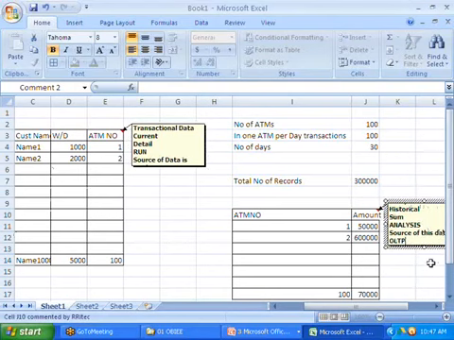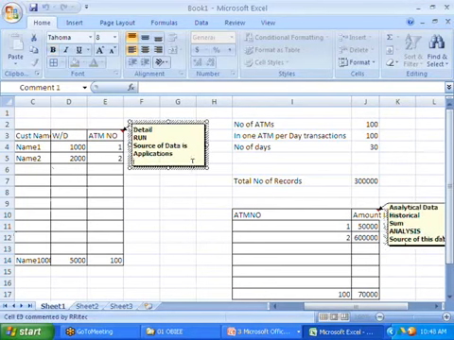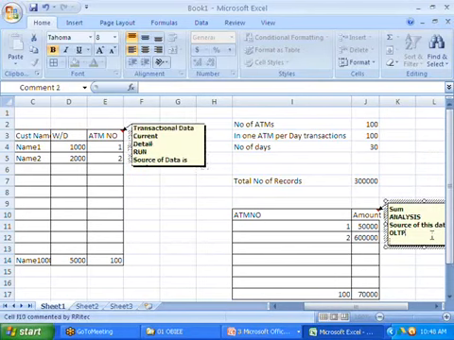From here only we are getting this data and storing it. The database storage here is known as OLTP. And the database storage of the analytical data is known as OLAP.